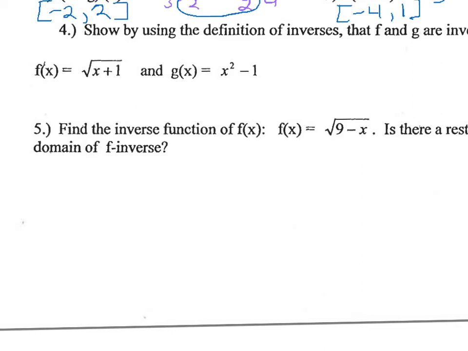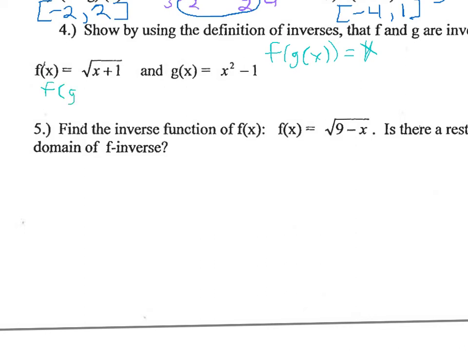For number 4, in order to show that two functions are inverses of each other, we must first show that f of g of x equals x. So first we'll find f of g of x. We'll take g of x and put it inside f of x.